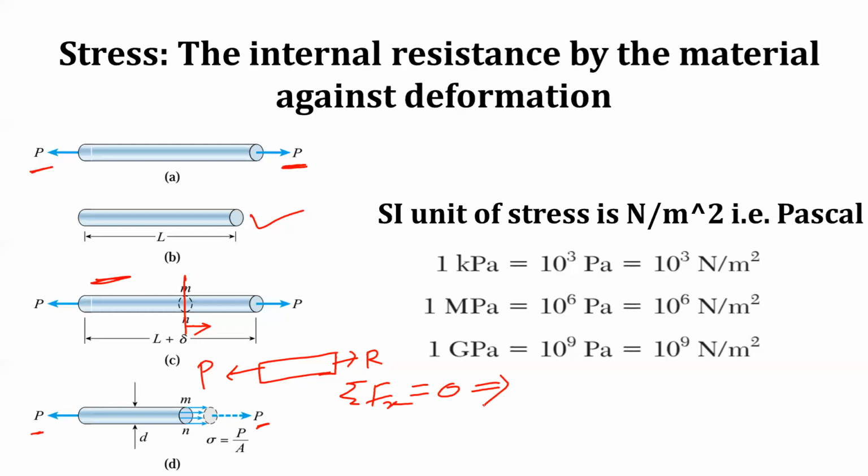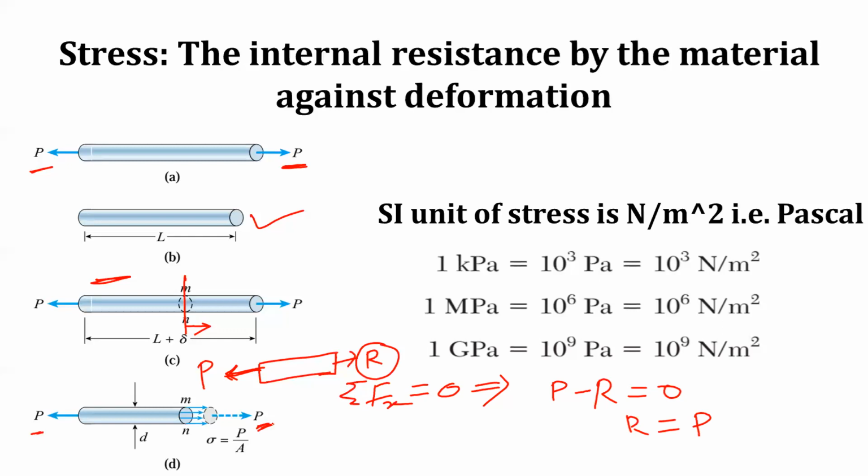If I consider left forces positive, that is P, and right side negative, it becomes 0. From this, I find R is equal to P. That means the value of that reaction is P, the applied load.